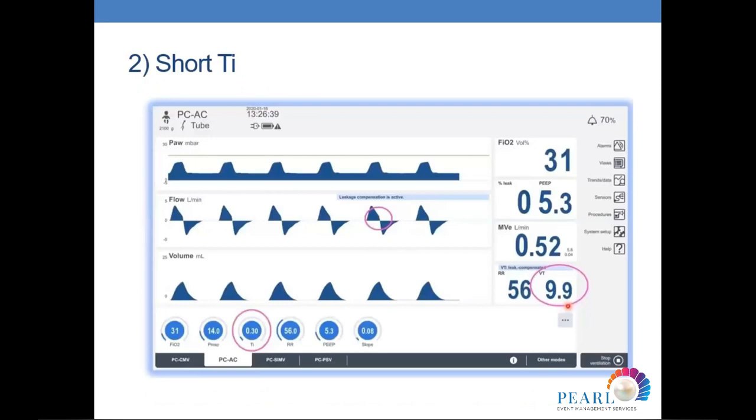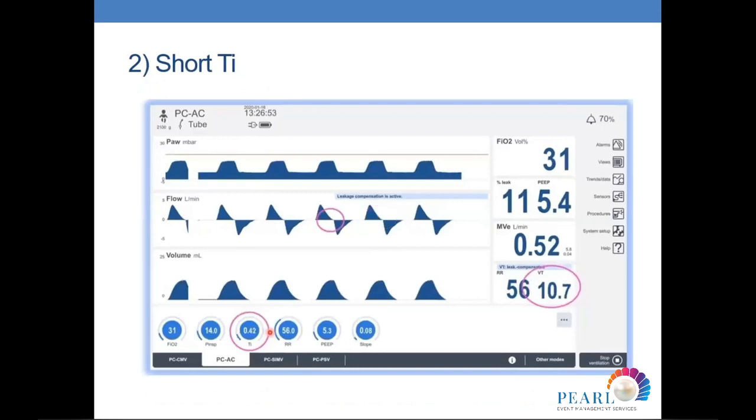Again, short I-time: just to give you an example, here the I-time is kept at 0.3. See, it's cutting, it's not reaching zero. The tidal volume here is 9.9. If I adjust it and it reaches zero, see how much volume I gain.